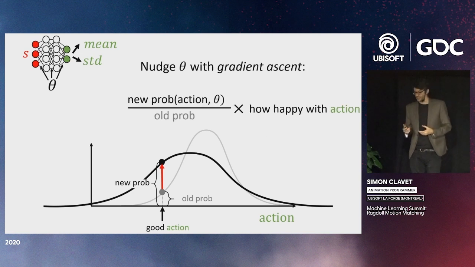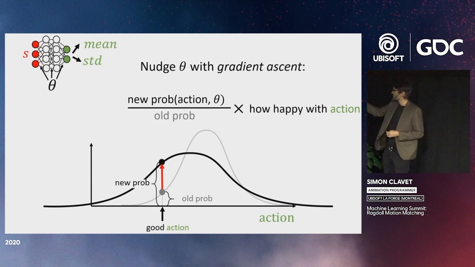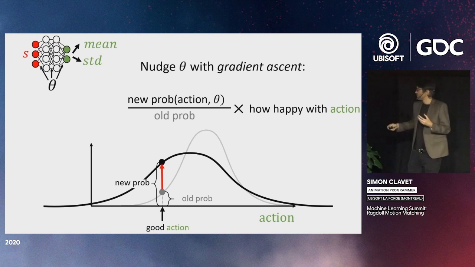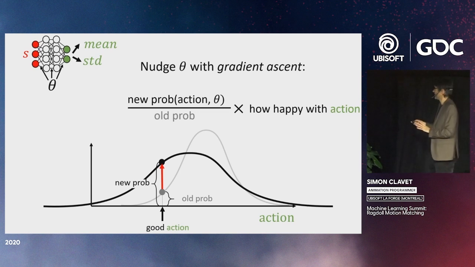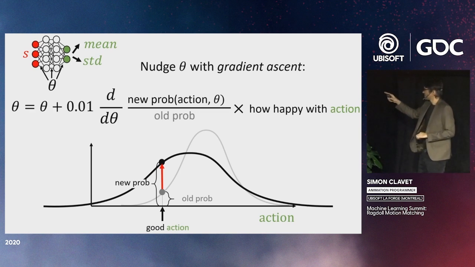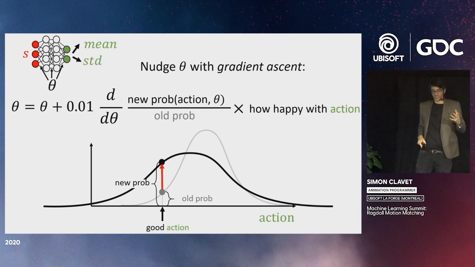So how do we actually do this? You see, the new probability is a function of theta and the current action, and we want to nudge theta. What does it mean to nudge theta? The trick to nudge things in machine learning and every optimization world, if you know a little bit about these kinds of things, is taking the derivative of the thing with respect to the thing that you want to nudge.